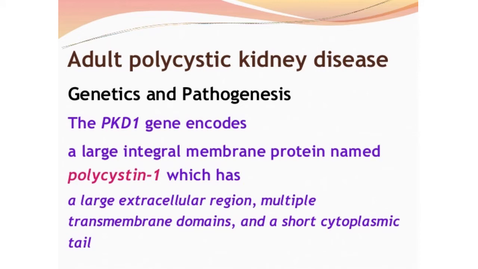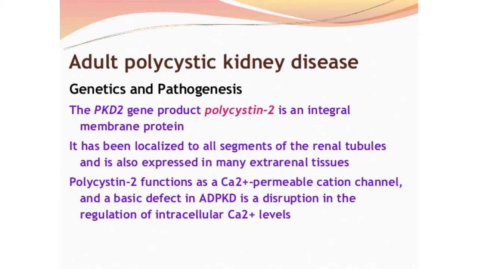The PKD1 gene encodes a large integral membrane protein that is named polycystin 1, which has a large extracellular region, multiple transmembrane domains, and a short cytoplasmic tail. Whereas the PKD2 gene product is polycystin 2, an integral membrane protein.